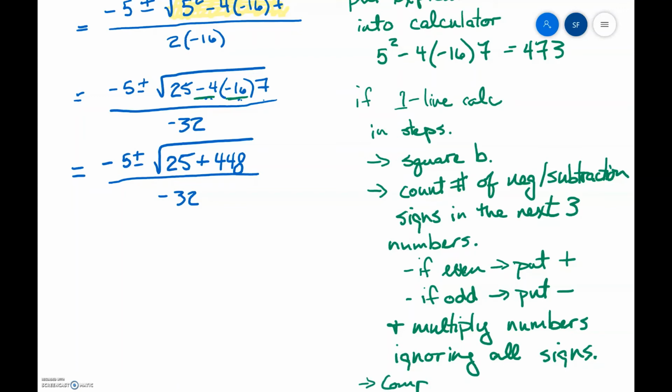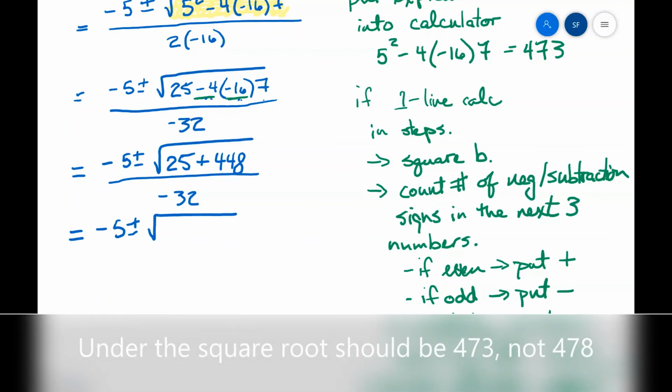Okay. Now we're going to go ahead and complete the calculation under the square root. So for us, that would now look like -5 plus or minus square root. And notice we should get this same thing as our two-line calculator. So now, calculators are going to be the same.